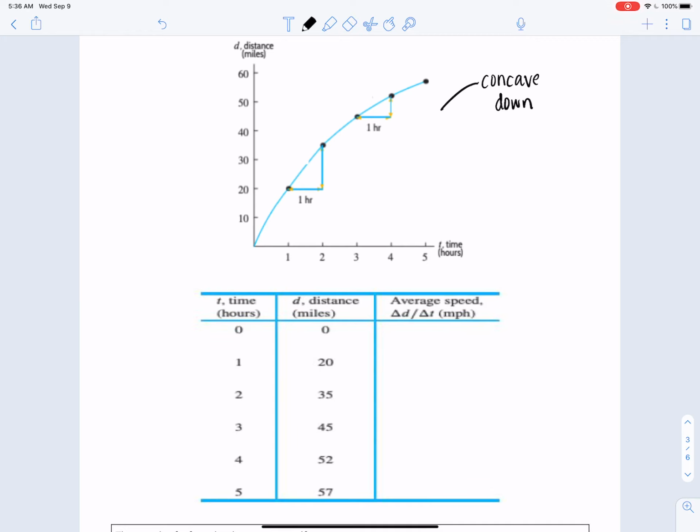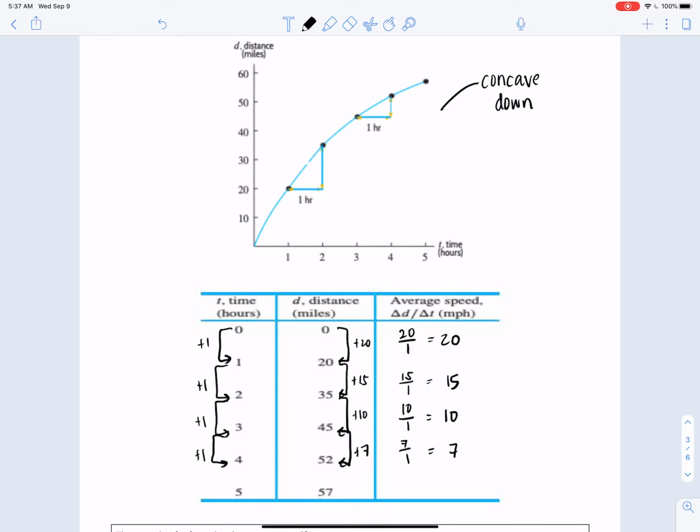What are the rates of change? As you can see here, our rate of change starts at 20 miles per hour, and then it goes all the way down to 7. And so since we have a decreasing rate of change, what that tells us about the function is that this function is concave down.